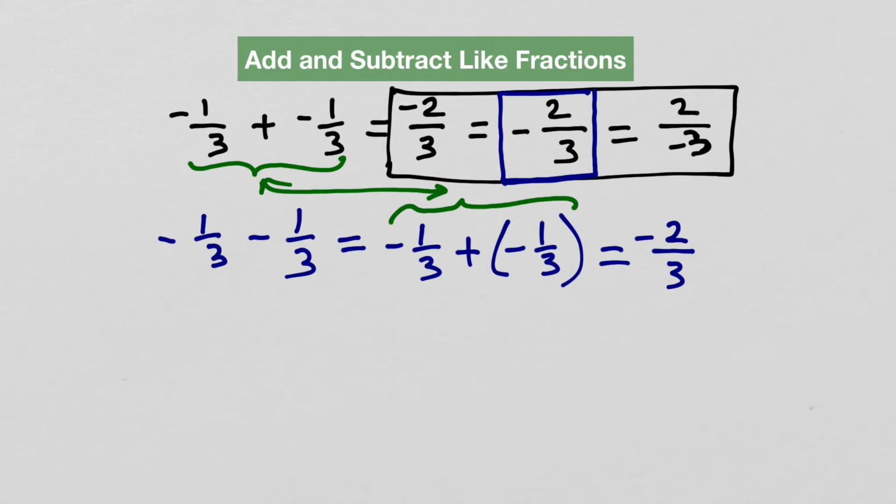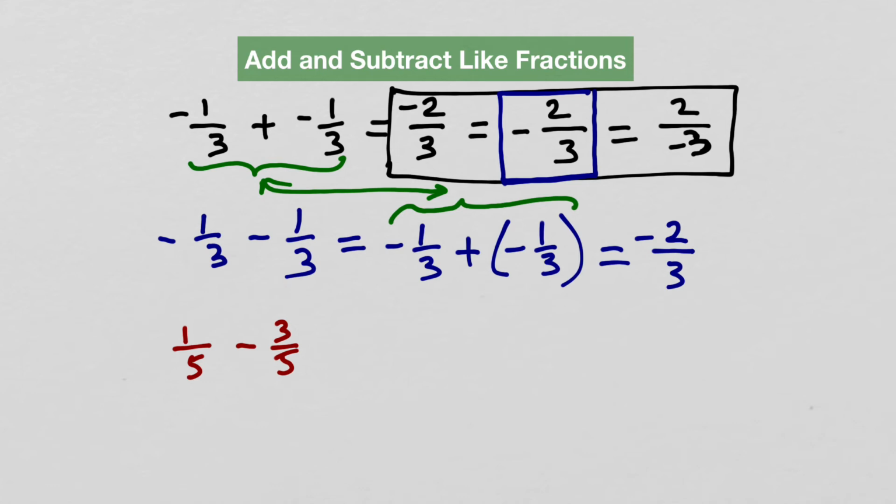Let's try another example. I'm going to write this in green this time. Actually, I'll write this in red. Okay, what happens if we have one-fifth minus 3/5?